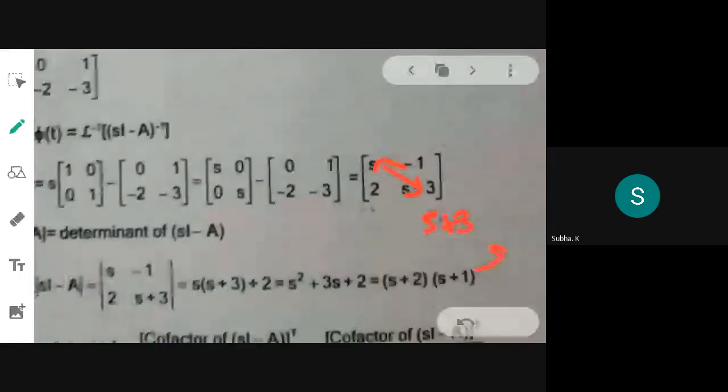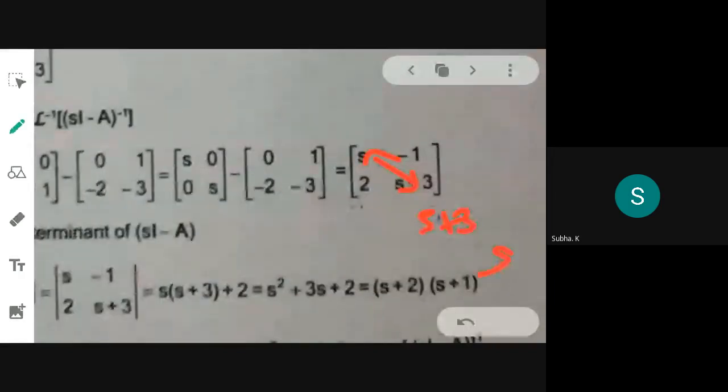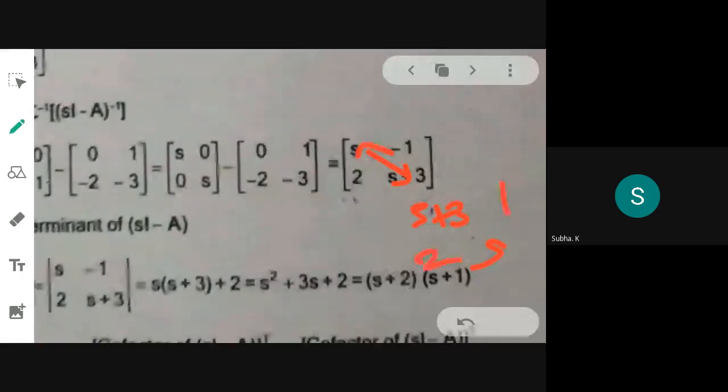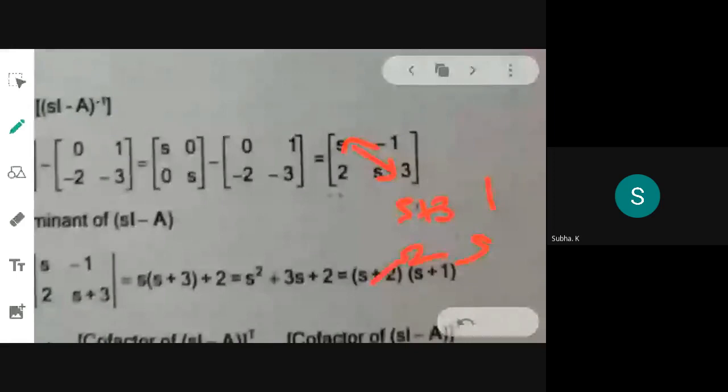Then you retain the terms, but change the signs in the other two diagonal elements. So the sign here I am changing. That is how I take the transpose. Like this I am converting this to my transpose. So I will substitute that in the formula.